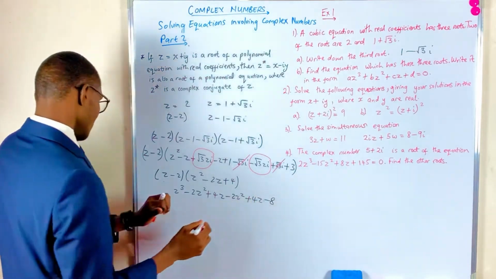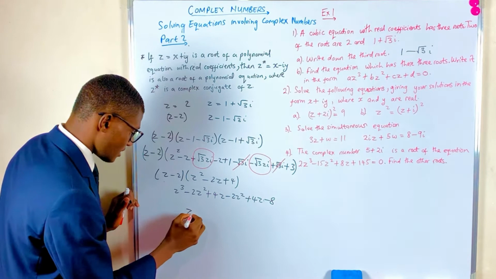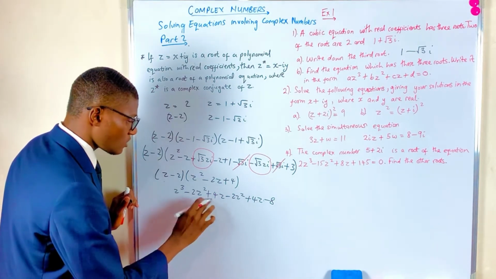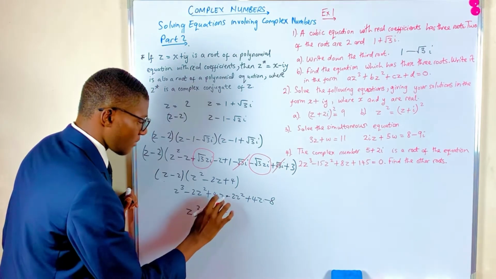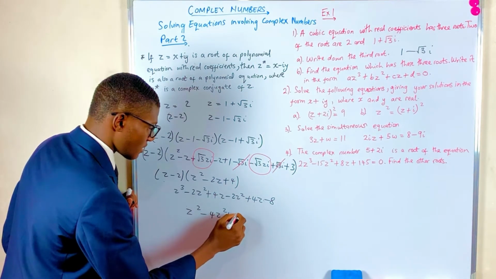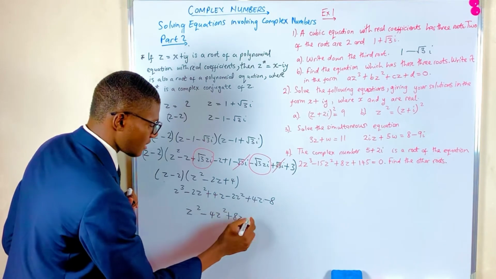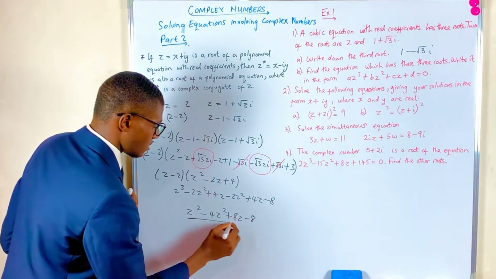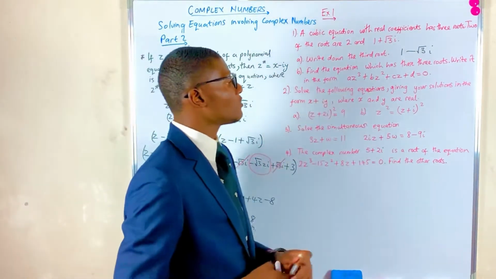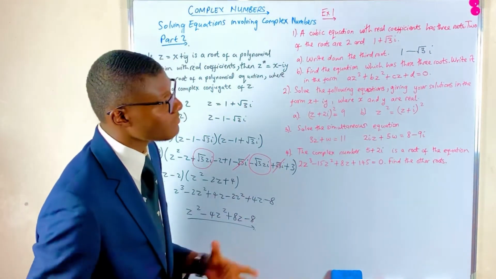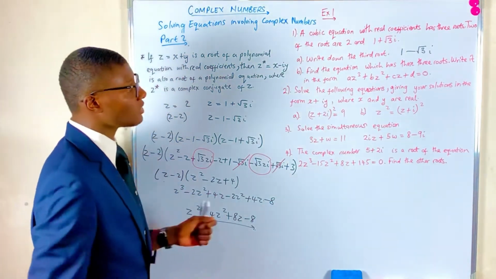Now if we simplify the common terms, we've got z cubed, then minus 2z squared minus 2z squared, that's minus 4z squared, 4z plus 4z, that's 8z, and minus 8. So this is how we write the equation in the form az cubed plus bz squared plus cz plus d is equal to 0. This was the first part, number 1.